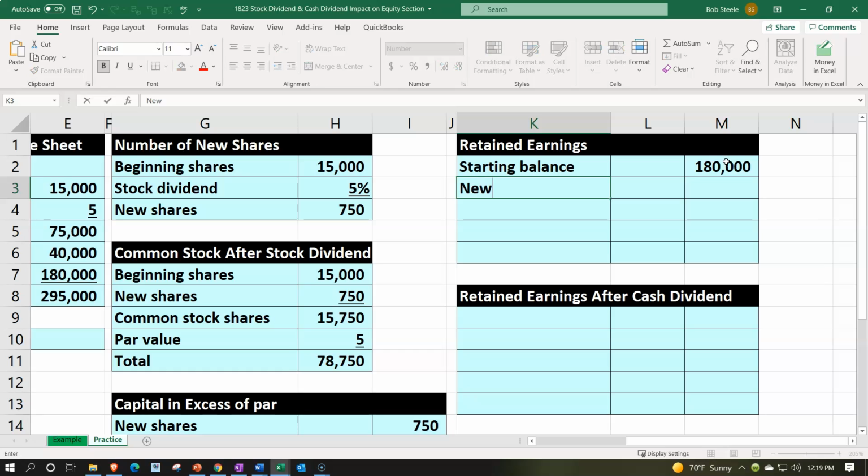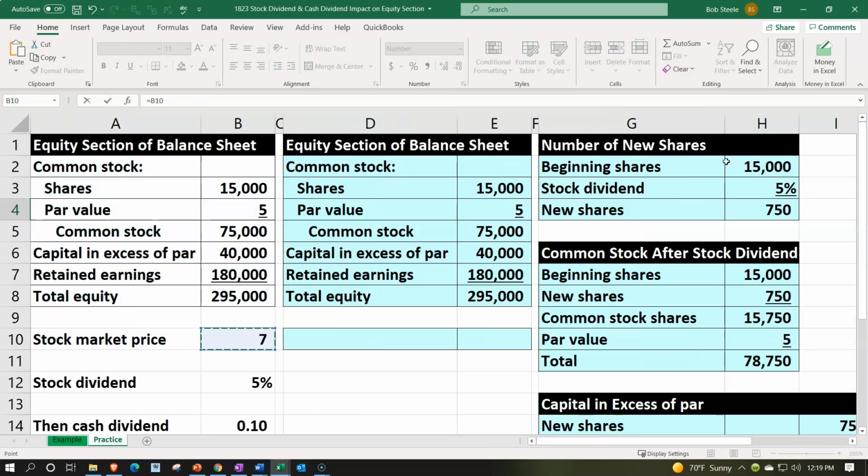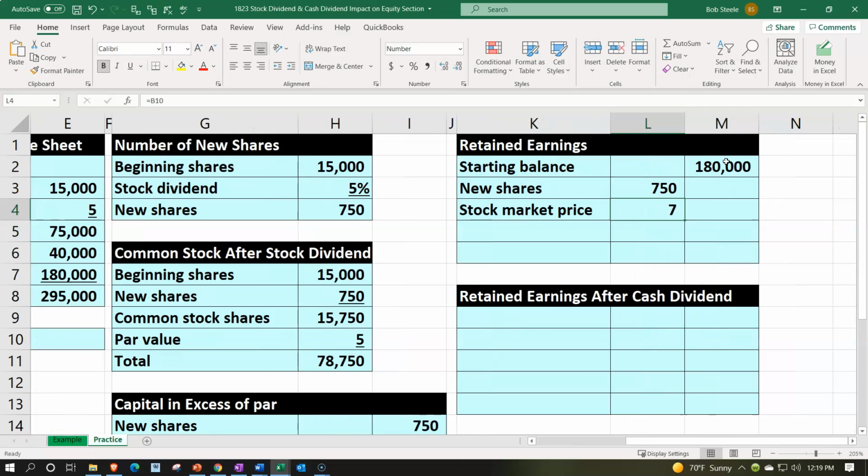So we want the 180. We're going to be issuing the new shares. The number of shares is 750, as we said right there, 750 new shares at the market price, which is equal to, we said, $7. Let's underline that, font group and underline.